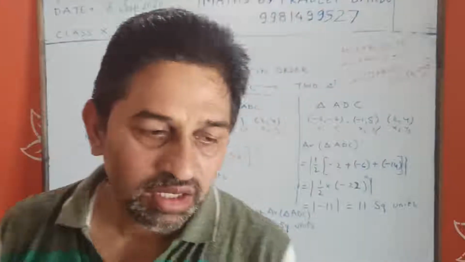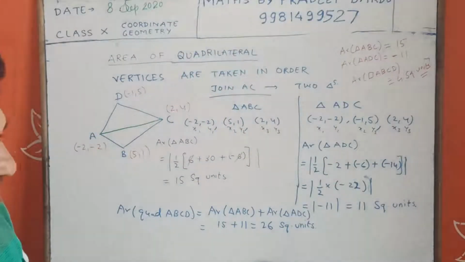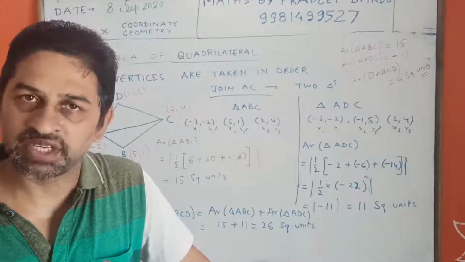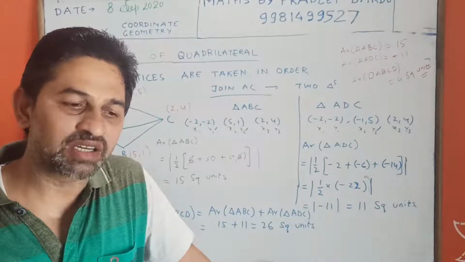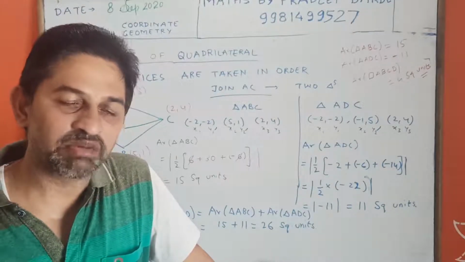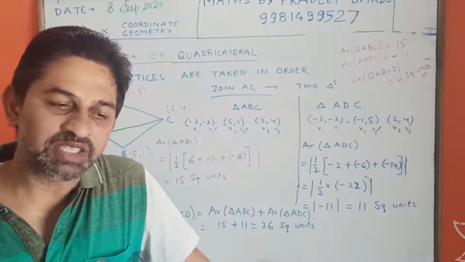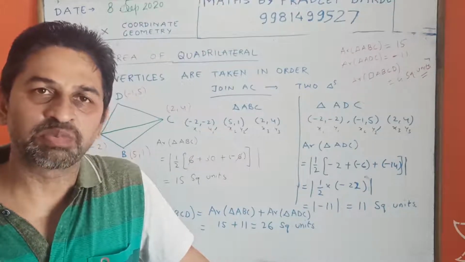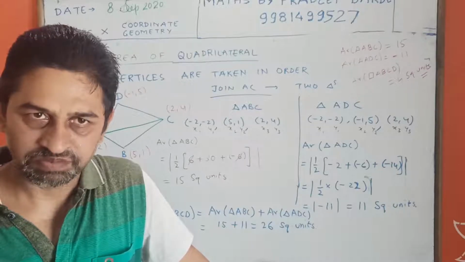ओके, so we have discussed today the coordinates of centroid of a triangle given by the formula x1 plus x2 plus x3 upon 3, y1 plus y2 plus y3 upon 3. Coordinates of incenter of a triangle, that is ax1 plus bx2 plus cx3 upon a plus b plus c, and ay1 plus by2 plus cy3 upon a plus b plus c.